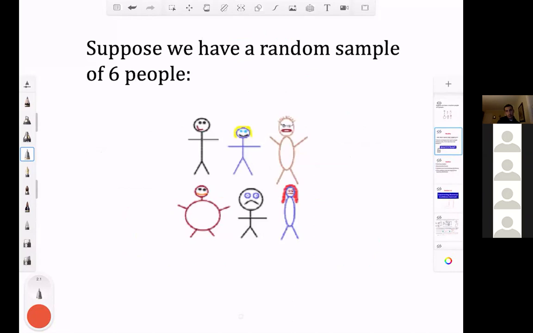Suppose we have a random sample of 6 people. Now you need to visualize. This is not my population. Please stop me if I don't make sense. Are you guys with me? Okay. This is a sample from the big population.